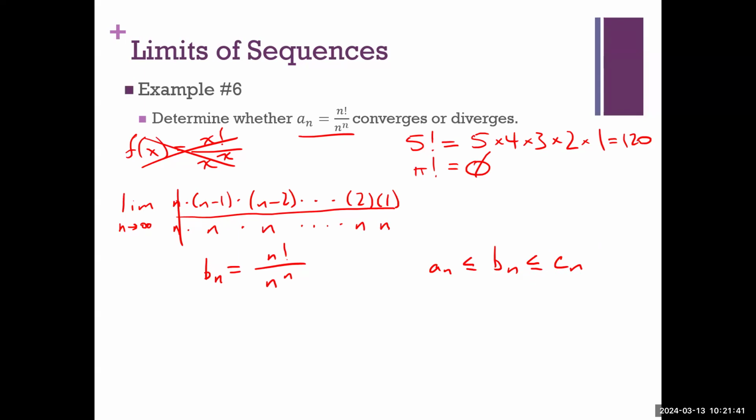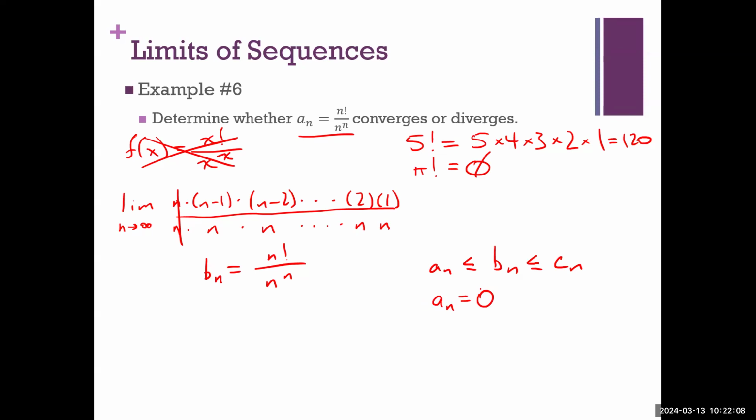And it sounds like now we're leaning towards what? It should converge to zero, right? Because the denominator is growing more rapidly. Could I say this is true? What if I called a sub n 0? Is 0 a sequence? It technically is.